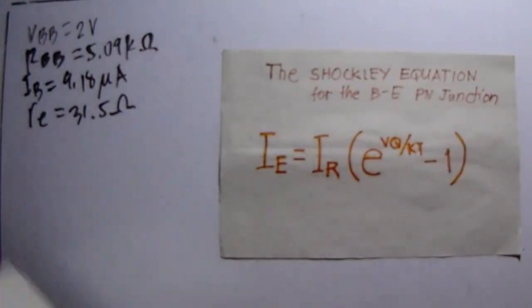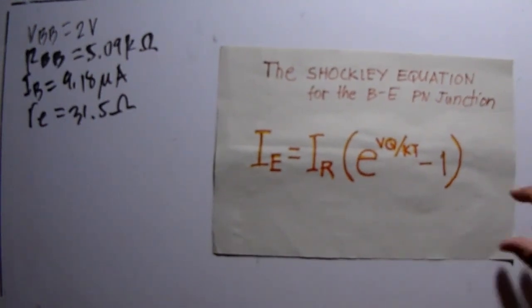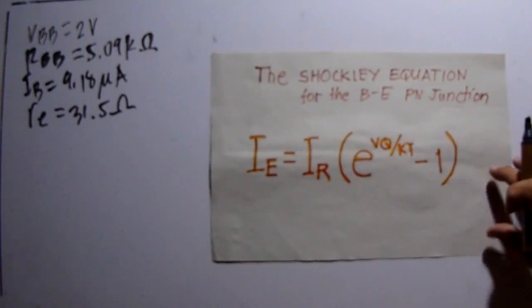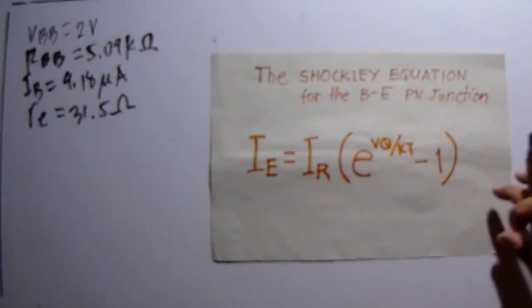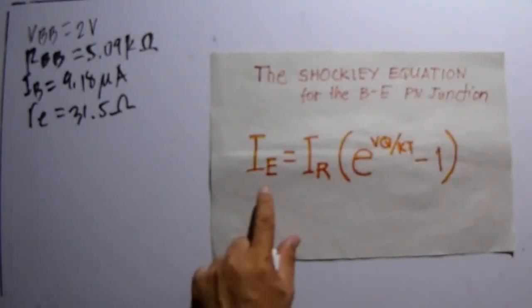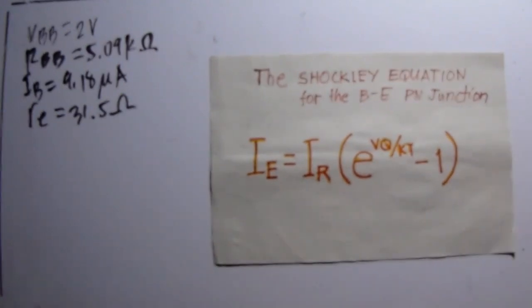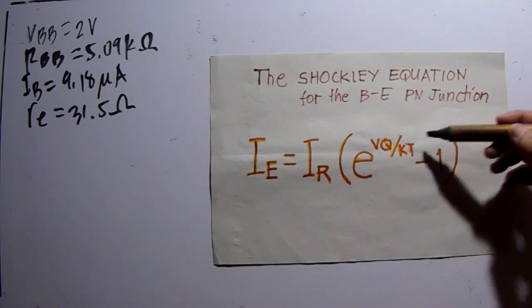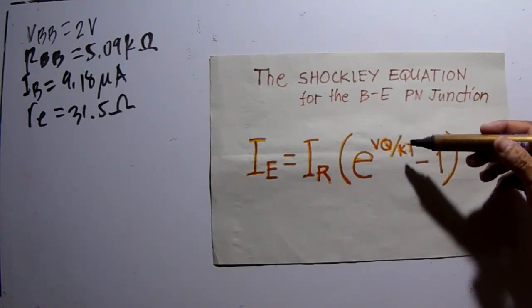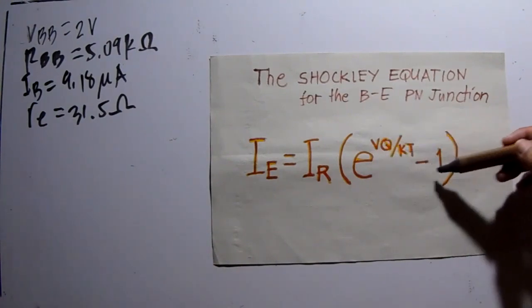We will begin our derivation from the Shockley equation for the base emitter PN junction. IE is equal to IR multiplied by the quantity e raised to the power VQ over KT minus 1.